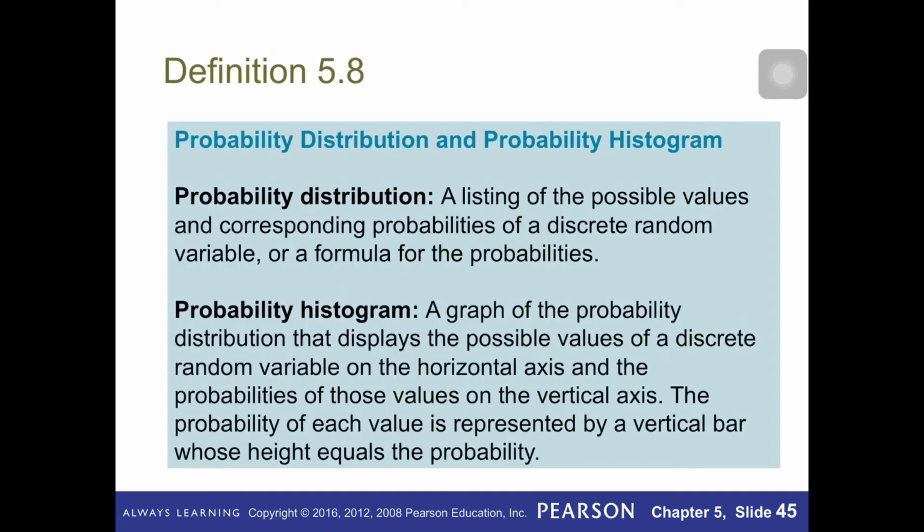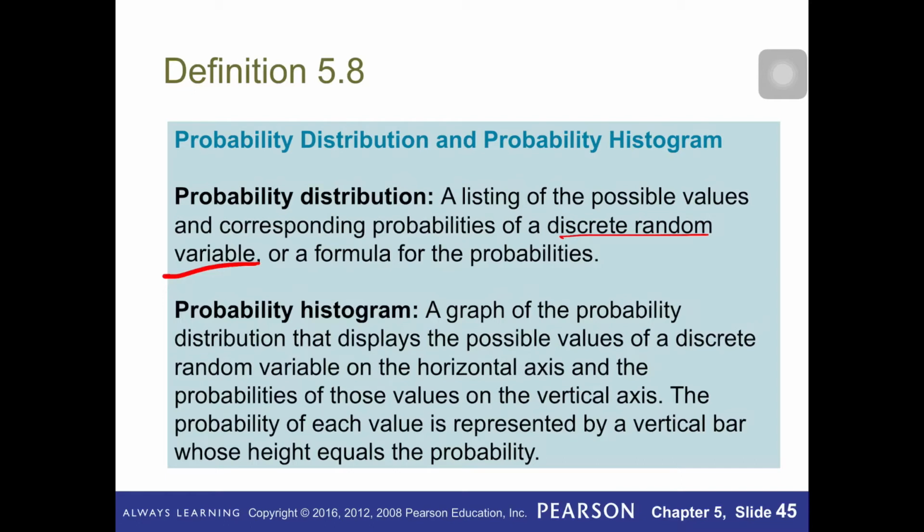Probability distribution. When we consider probability distribution and probability histograms, probability distribution is a listing of possible values and all corresponding probabilities of a discrete random variable, or a formula for the probabilities.